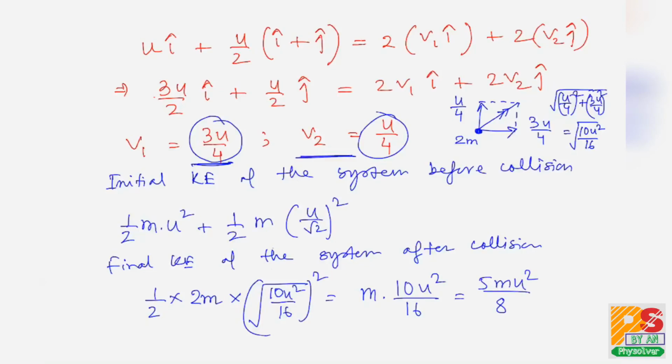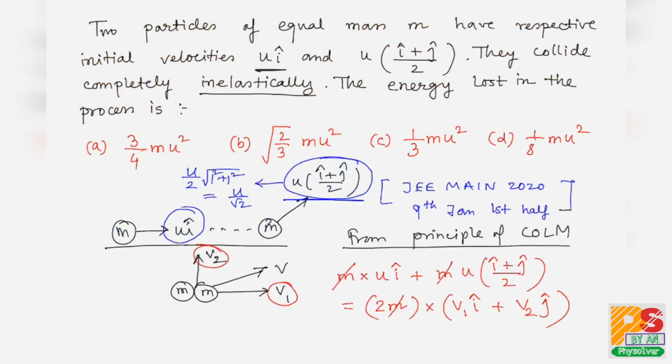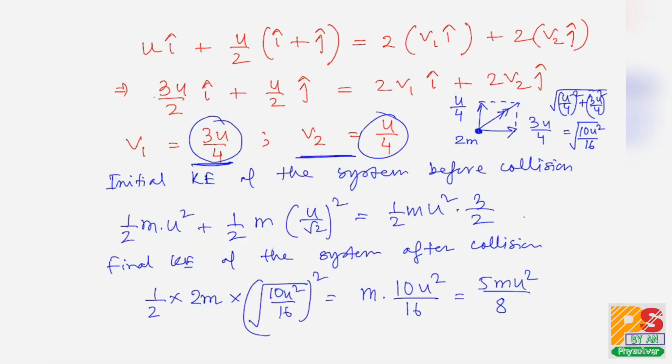And the initial kinetic energy adds up to 3 by 4 m u square. We have to find, look at the question, the energy lost in this process. The energy lost is initial kinetic energy minus final kinetic energy.